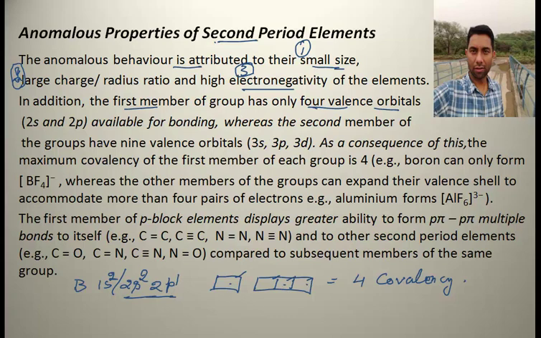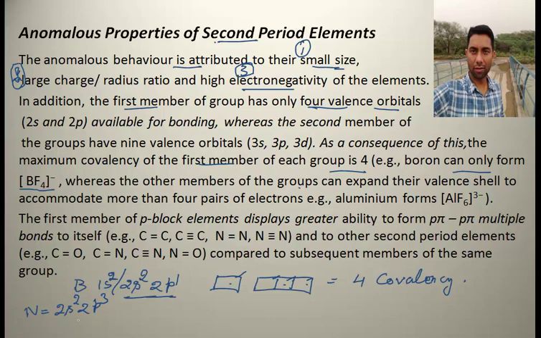As a consequence of this, the maximum covalency of the first member of each group is limited. For example, boron can only form tetrafluoroborate, which is a compound of boron. Whereas other members of the group, that means from the third period onwards, differ. For example, if we talk about nitrogen, in group 15, nitrogen has 2s2 2p3 electronic configuration.